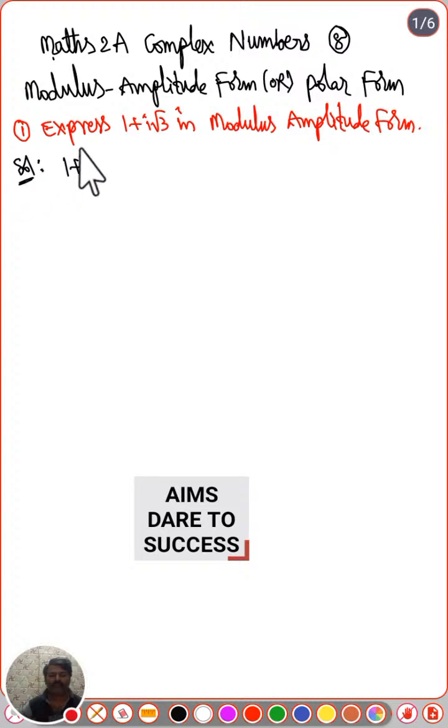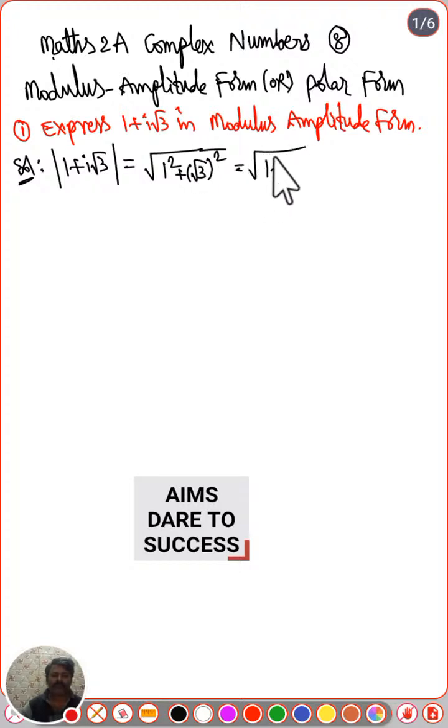1 plus i root 3 is equal to, for this we apply modulus. Modulus means root over 1 square plus root 3 whole square. Root over 1 square is 1, plus square root and square cancel, 3. Root 1 plus 3 is 4.